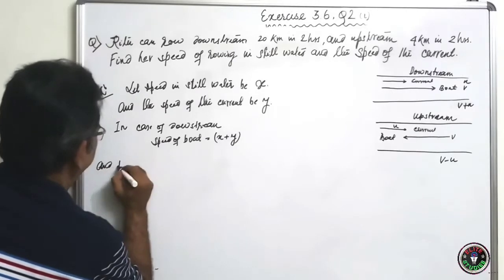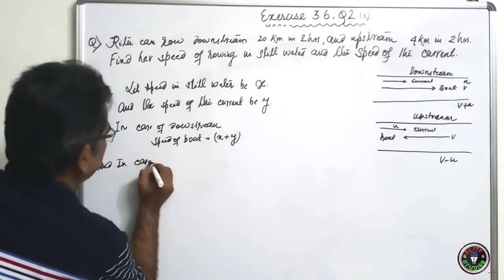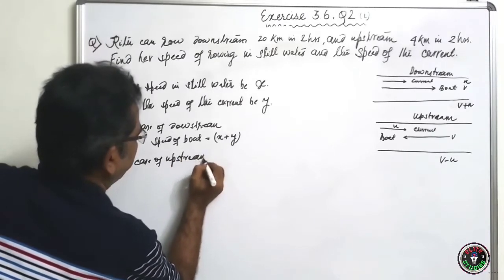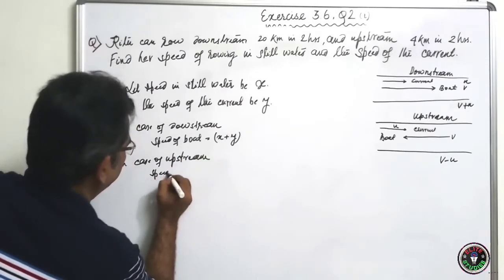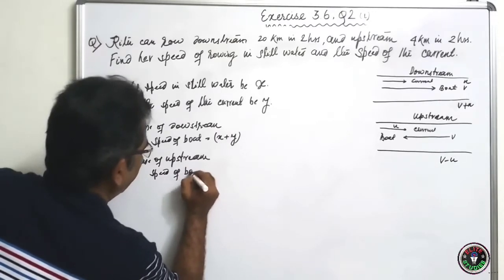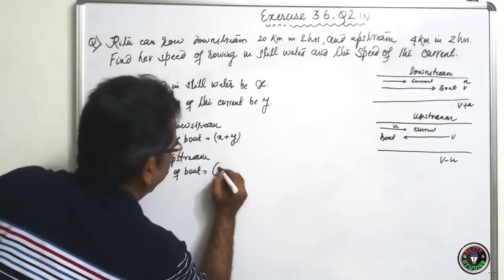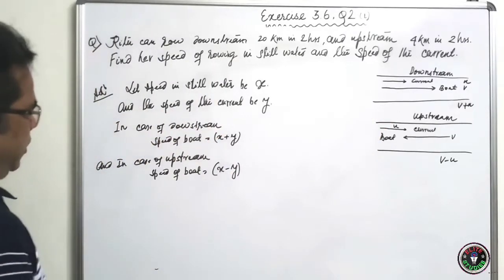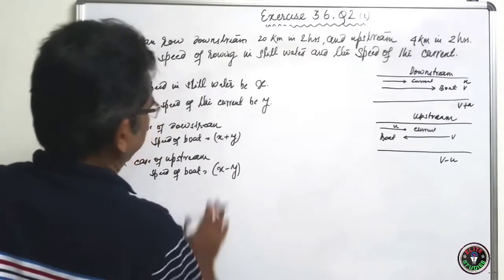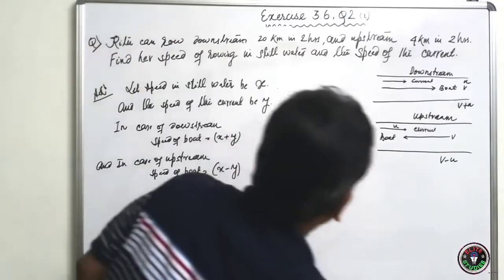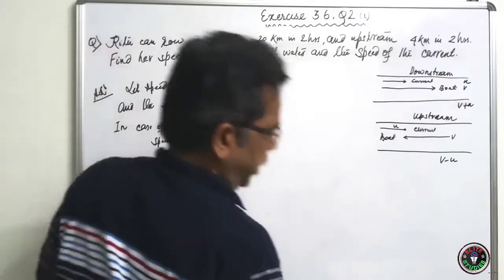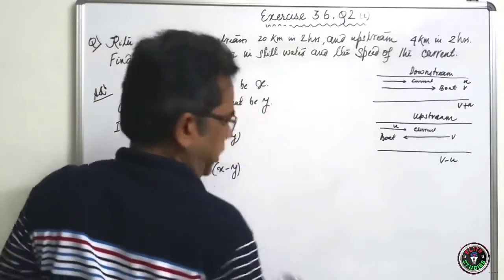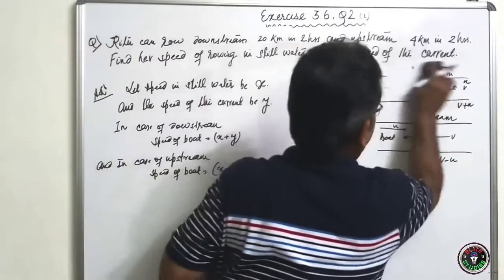And in case of upstream, speed of boat will be equal to x minus y. Right, you have got the speed as x plus y and x minus y. Now let us try to solve according to the question. Okay, according to the question, now I will erase this.